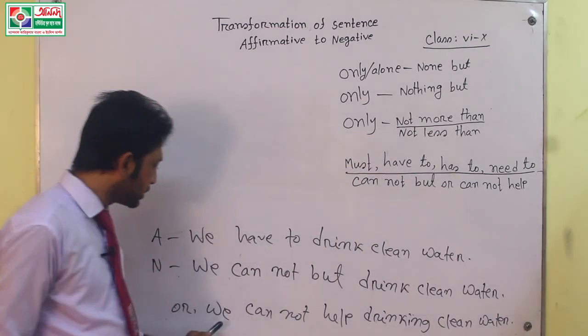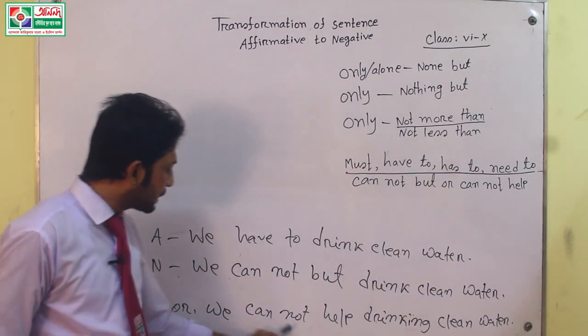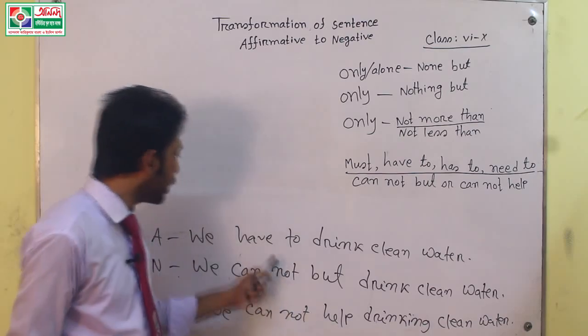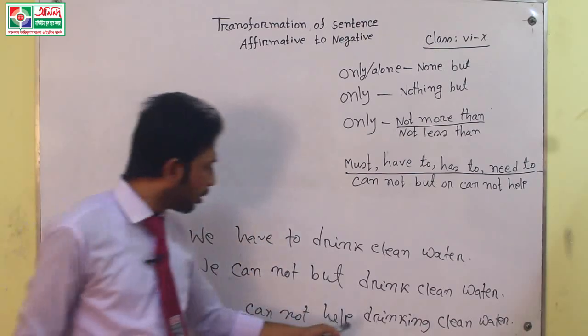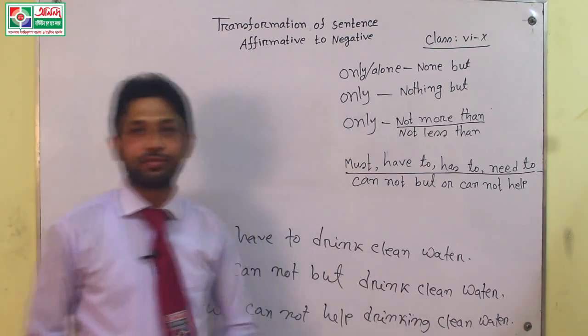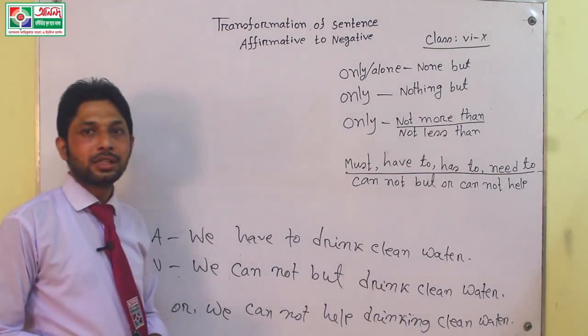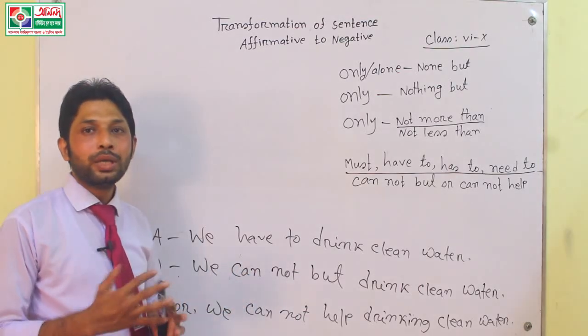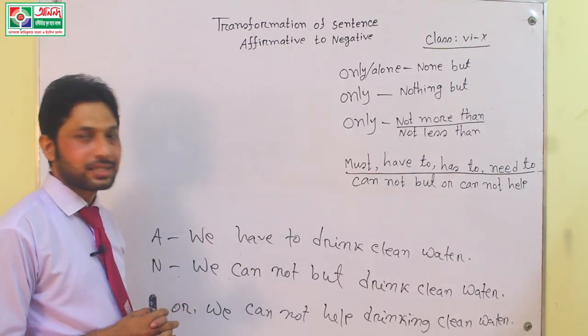In this sentence, we have used cannot help instead of have to. That's why we have added ing to the verb. That's all. And nothing else will change in this sentence.